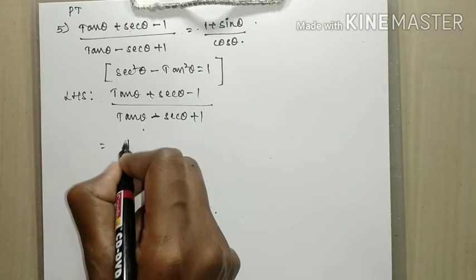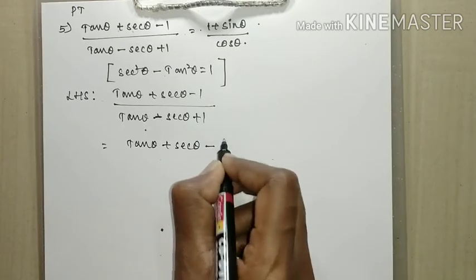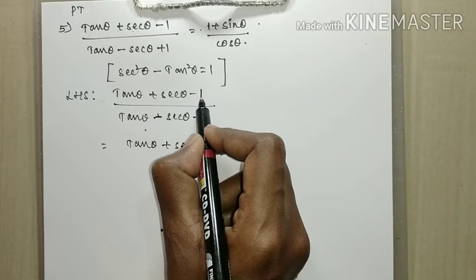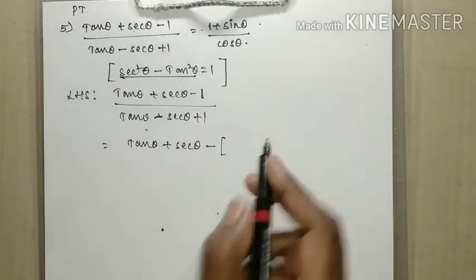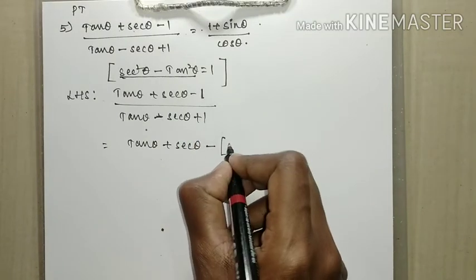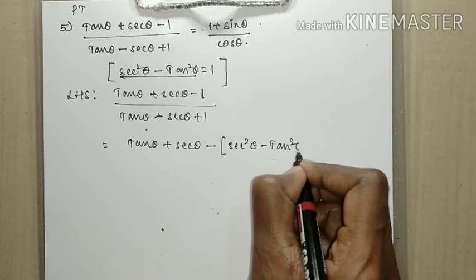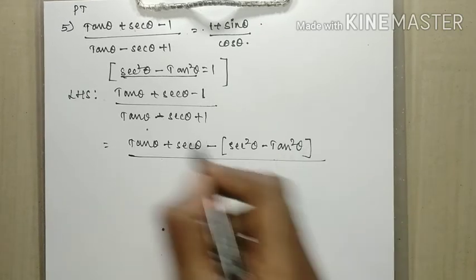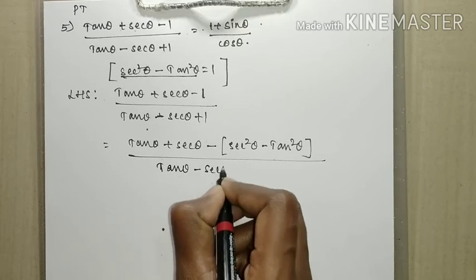So here tan theta plus secant theta minus, in the place of 1 I can replace secant square minus tan square. So in the place of 1 I will write secant square theta minus tan square theta. In the denominator write it as it is, tan theta minus secant theta plus 1.